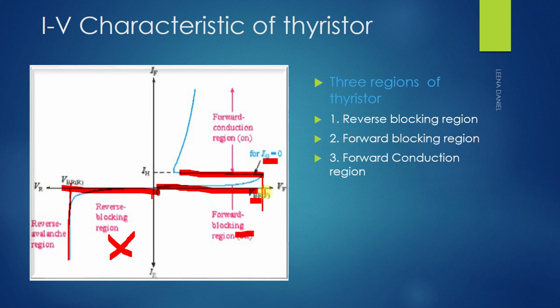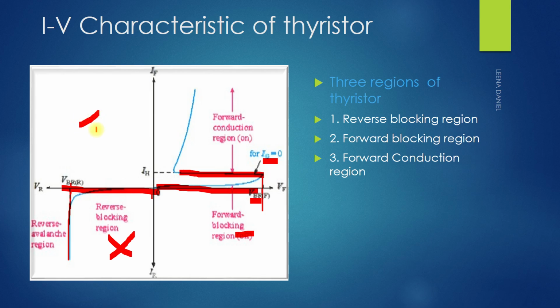But as we increase the voltage above this breakover voltage, the thyristor gets into the on state and starts conducting. So this shows the forward conduction region, and as I told you earlier, the thyristor works as a switch.